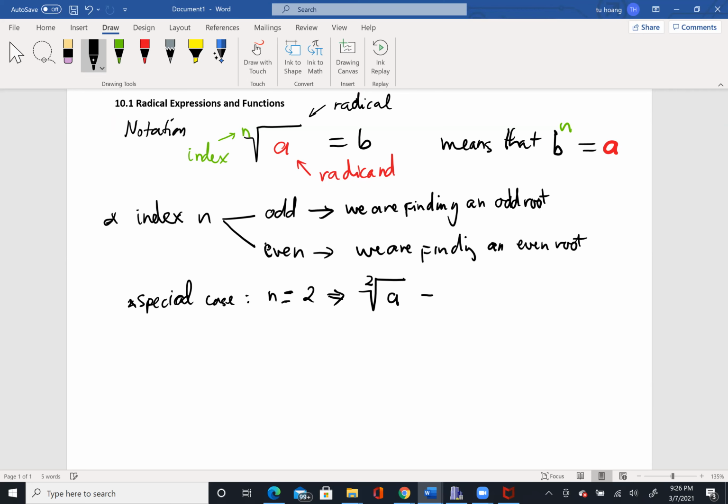But mathematicians just want to write it as square root of A with no index. Whenever you see the radical with no index, it actually means that it is square root, index 2. The index in here is number 2, hidden. Okay? So just keep in mind that.